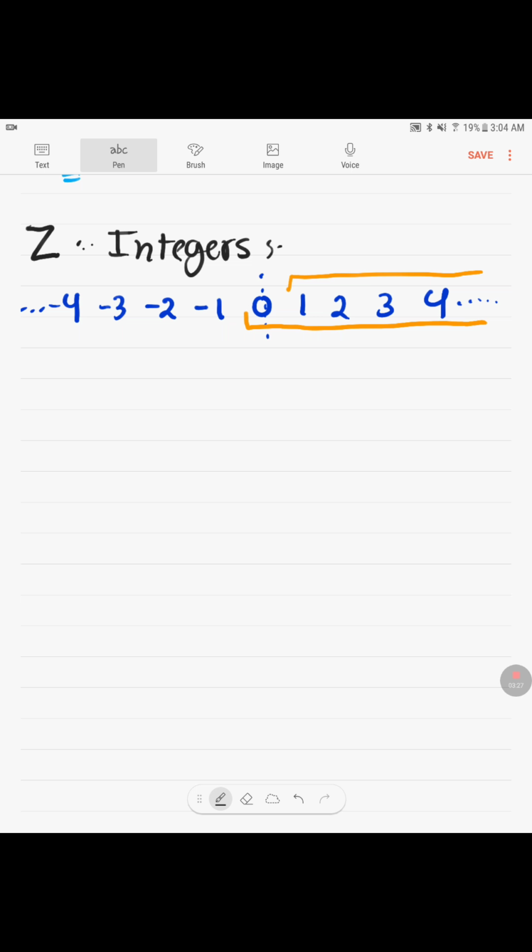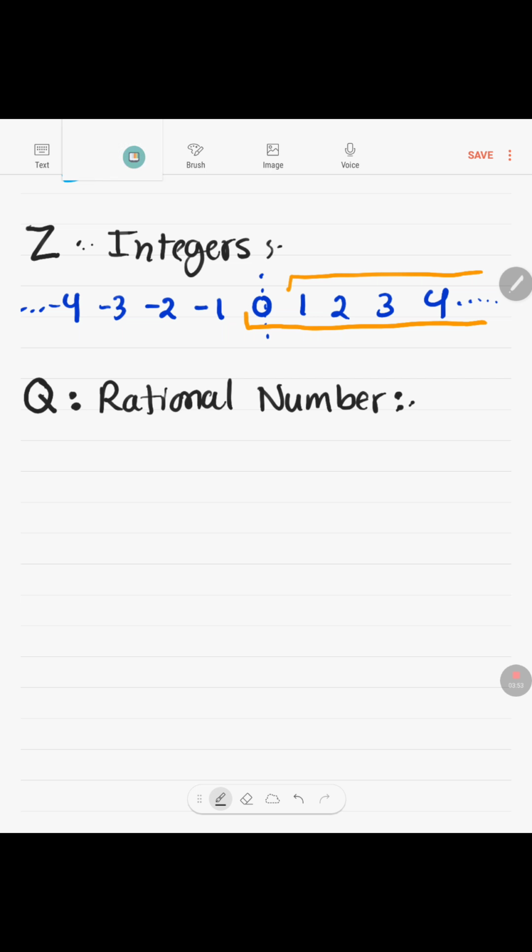Now the next set of numbers is called rational numbers, and rational numbers are represented by the letter Q. From that word, if we think about rational in mathematics, rational means quotient.